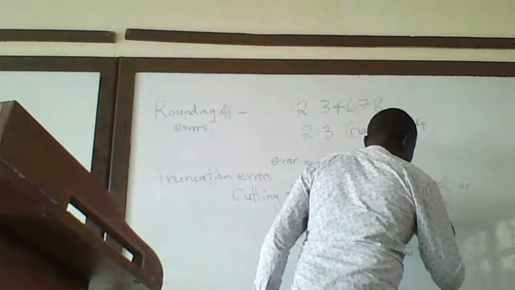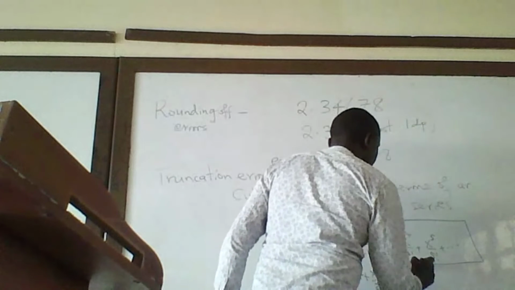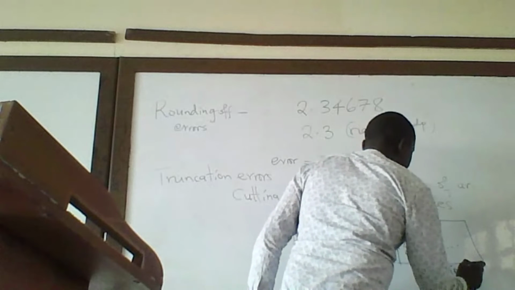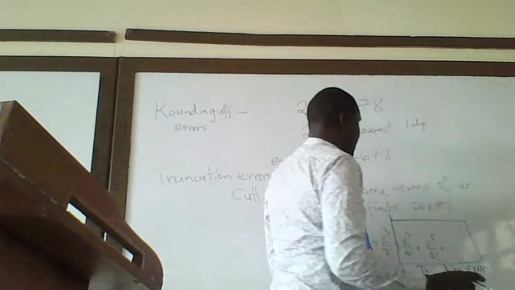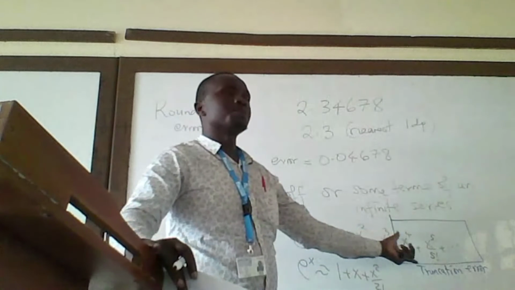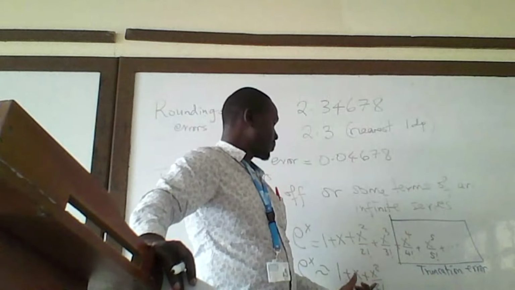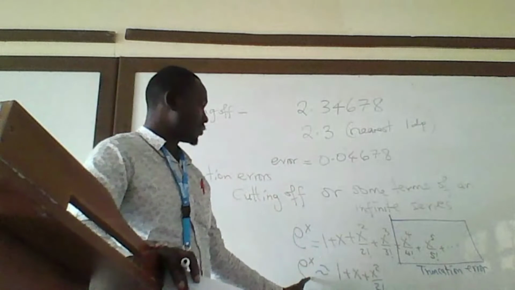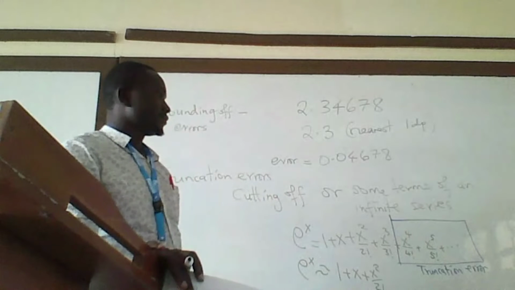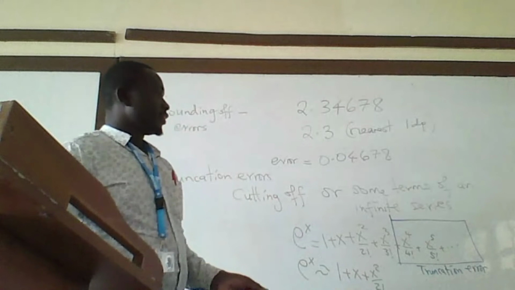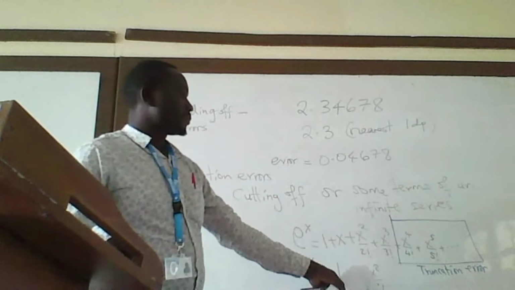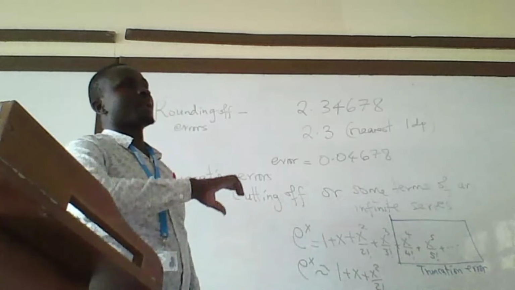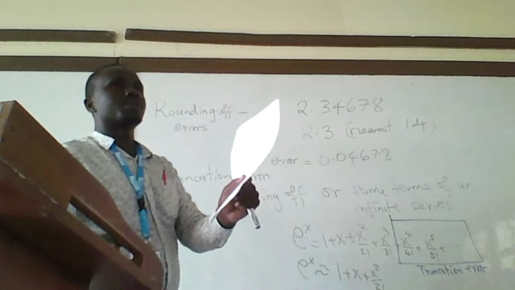So this part that remains is what will constitute my truncation error. So truncation error will be these terms which are not included in the process of computing this e power x: x power 4 over 4 factorial plus x power 5 over 5 factorial plus all other terms which follow.